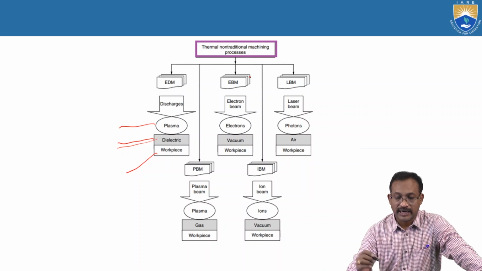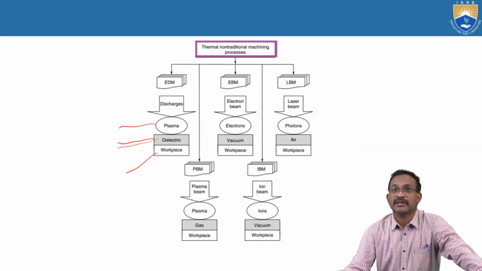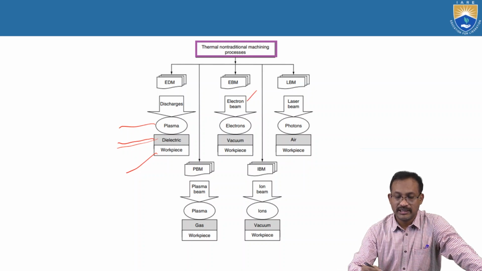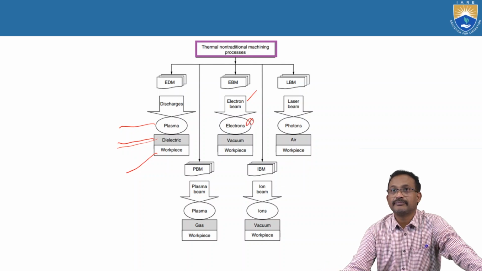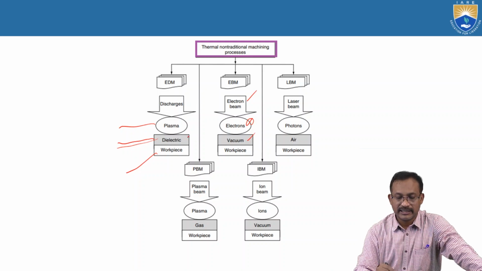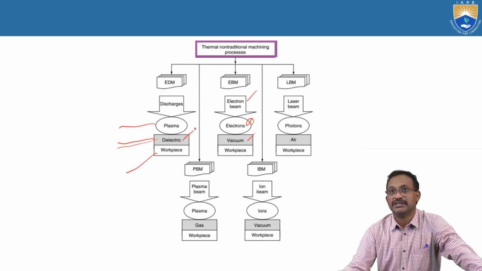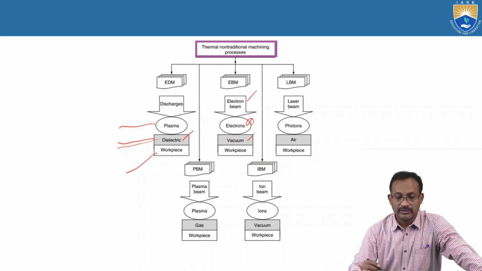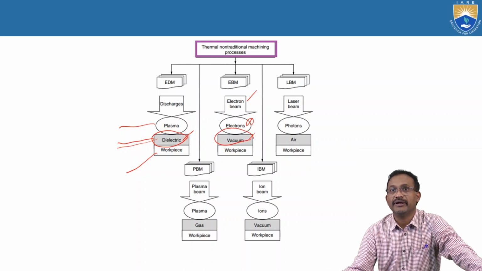Next, the second one, electron beam machining. Here a beam of electrons strikes, so the electrons are the striking material, and the medium is vacuum. We are not using any dielectric medium here. In electro discharge machining we use a dielectric fluid as the medium, but here the medium is vacuum, no medium.